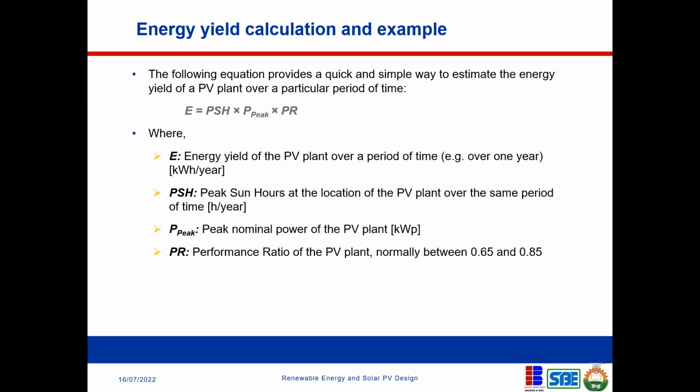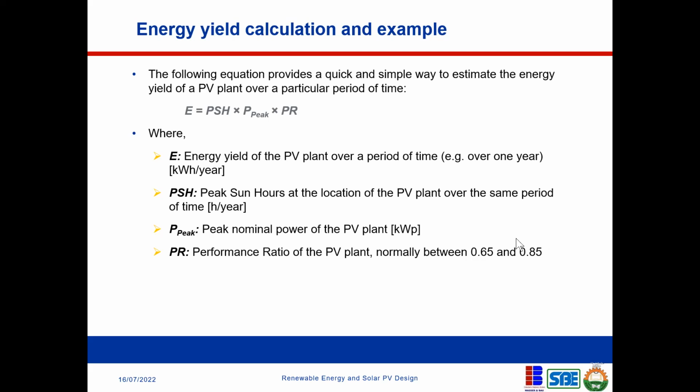If you're doing a project in the southern part of Nigeria, your peak sun hours is lower. In the northern part of Nigeria, your peak sun hours is higher, so you have more energy yield in the north than in the south. All of this will affect your performance ratio, but overall, it's between 0.65 and 0.85.